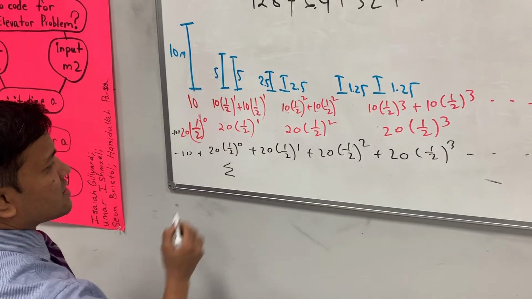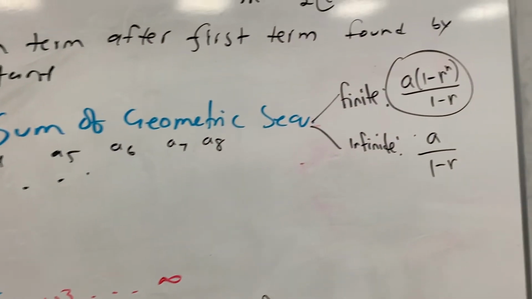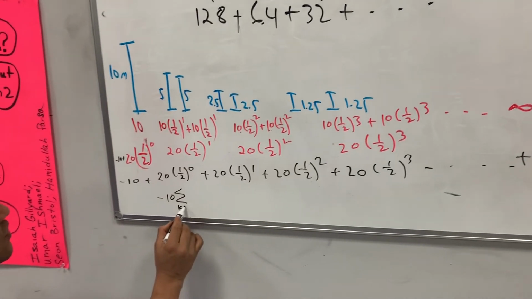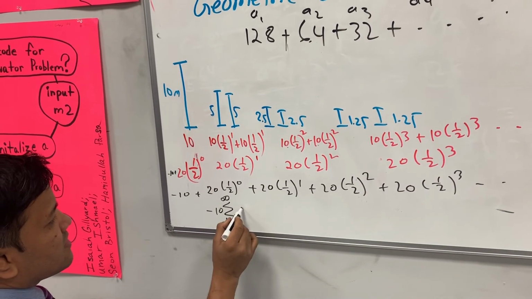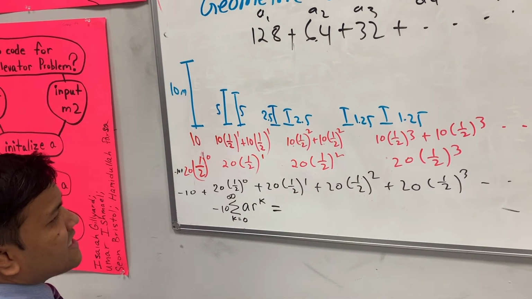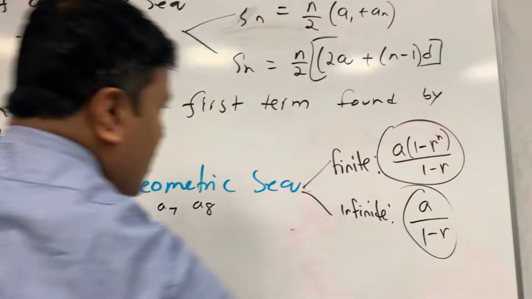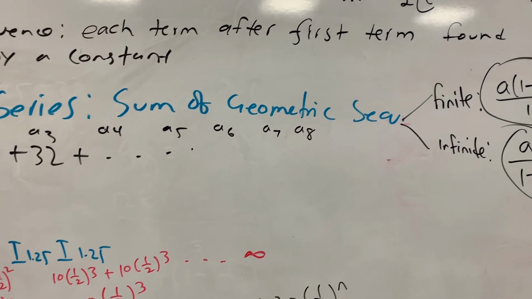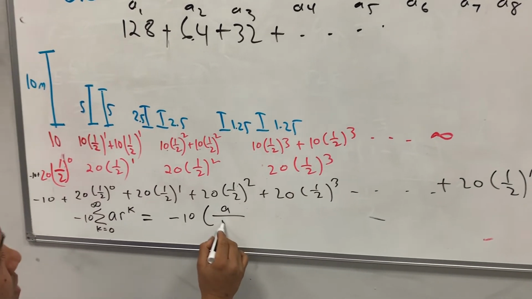Now I can write this as a geometric series: minus 10 plus the sum as k goes from 0 to infinity of a r to the k, which can be written as a over 1 minus r.